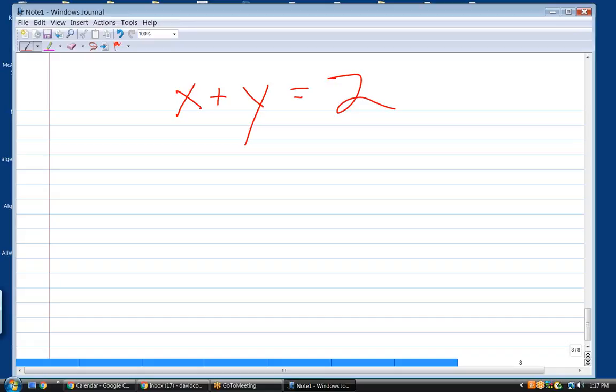There are literally an infinite number of solutions to this. However, if I add a second equation that's different than the first, and that's a key thing, it has to be different than the first, then because I have two equations and two unknowns, I can actually solve for both of them.